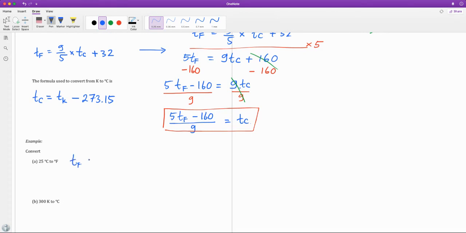Temperature in Fahrenheit equals 9/5 times temperature in Celsius, 25 degrees, plus 32. We can simplify this. 9 times 5 is 45. Then plus 32. 45 plus 32 becomes 77 degrees Fahrenheit.